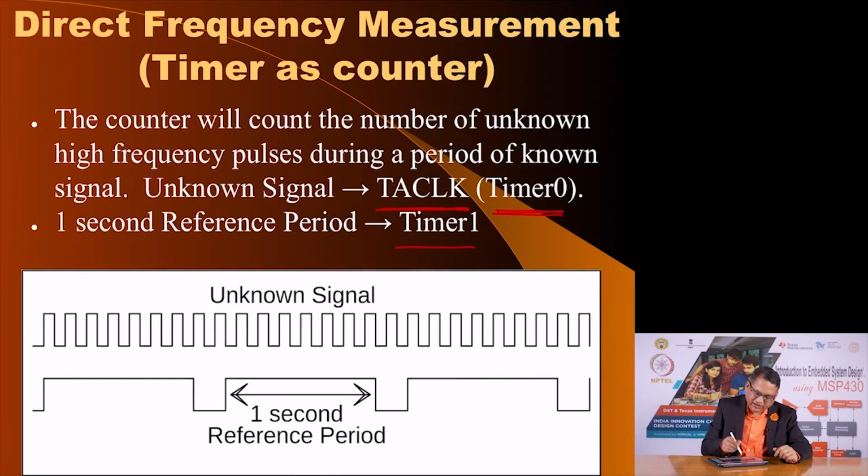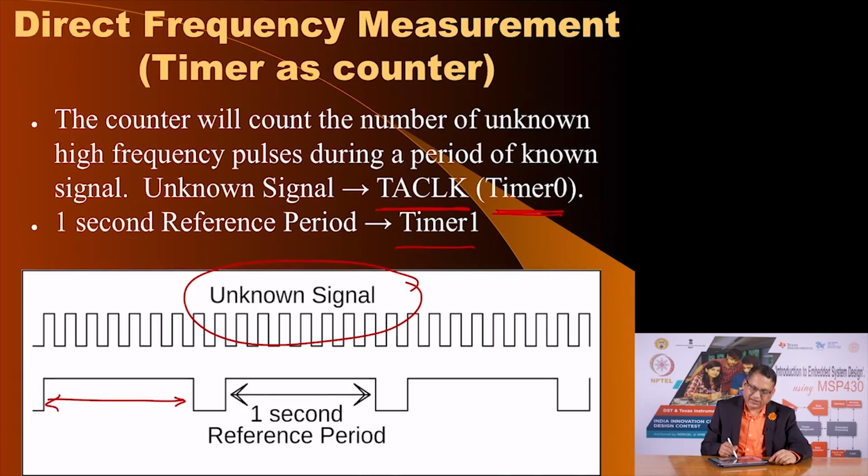This is our unknown signal, whose frequency we do not know, but we know that internally we are able to generate a 1 second reference period, which we are going to generate from timer 1.